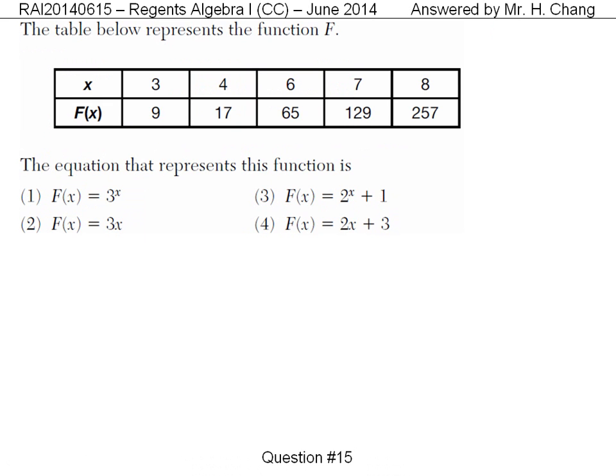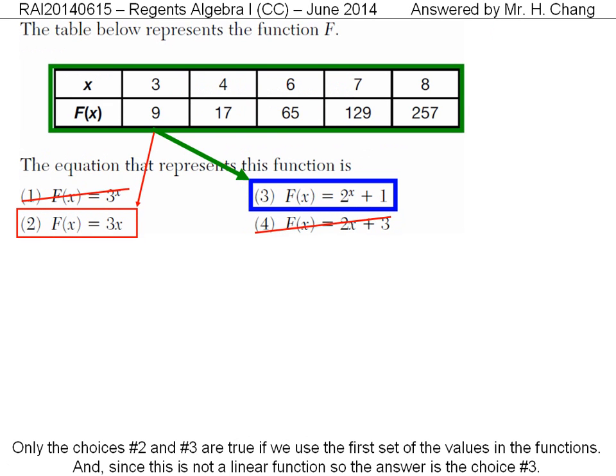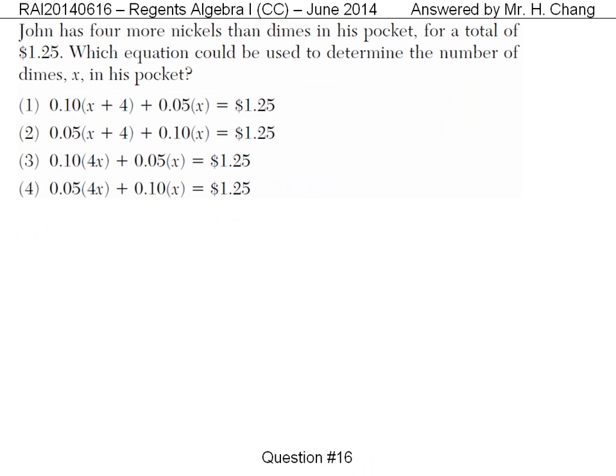Question number 15. Only choices number 2 and number 3 are true if we use the first set of values in the functions, and since this is not a linear function, the answer is choice number 3. Question number 16.